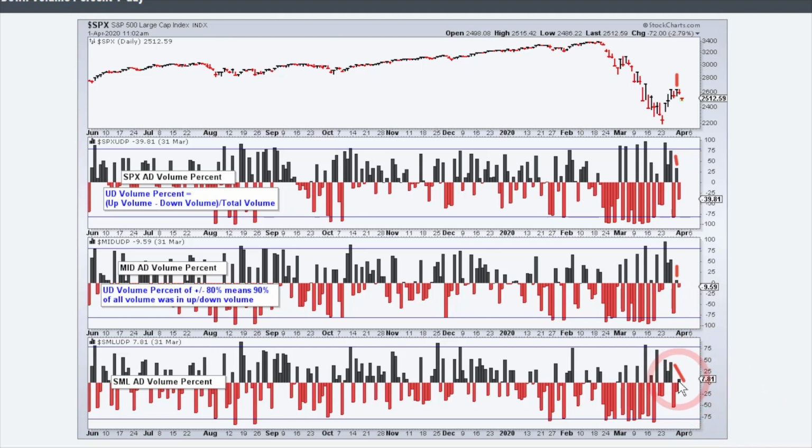That is the bar just before that black bar. And we don't have today's, I'm doing this recording on Wednesday, April 1st, and the advance-decline volume percent indicators come out after the close because they need to be calculated and published. But what this was showing was really weak buying pressure on that advance on Monday.